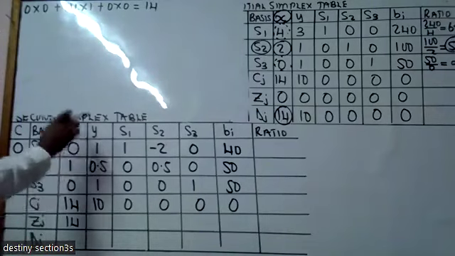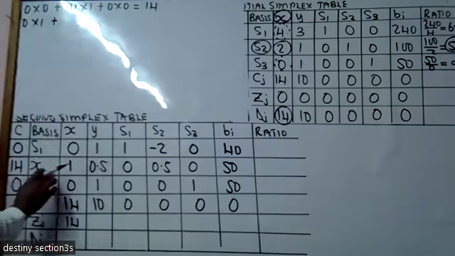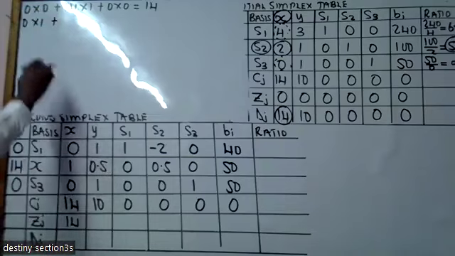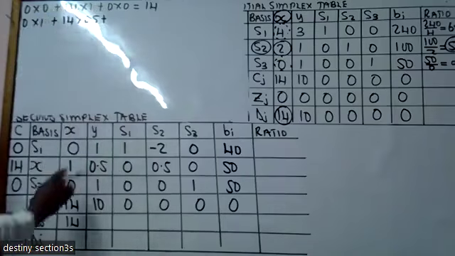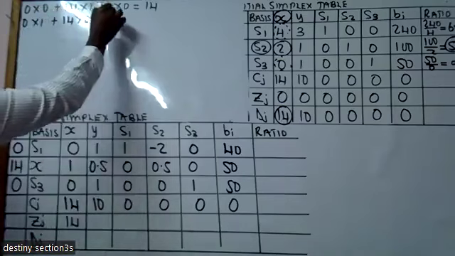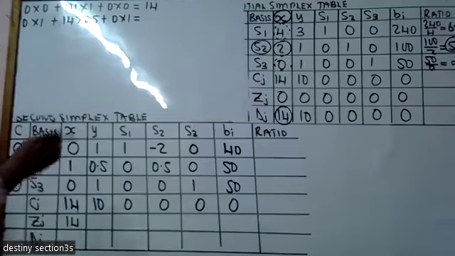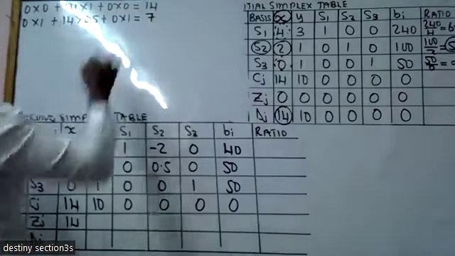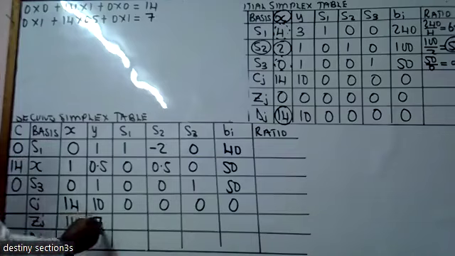Unakuja kwa hii ingine, unasema ni 0 times 1 plus 14 times 0.5 plus 0 times 1. So this obviously becomes 7. And as you can see, because these two are zeros, tumebakishiwa tu hii kumultiply. So this one I'll write 7.